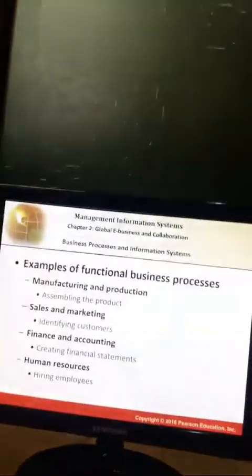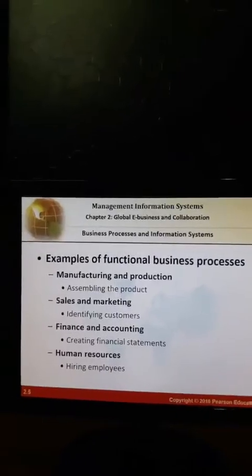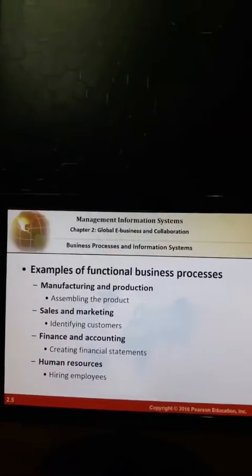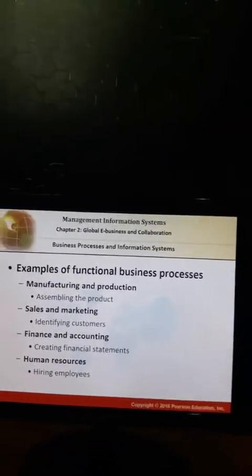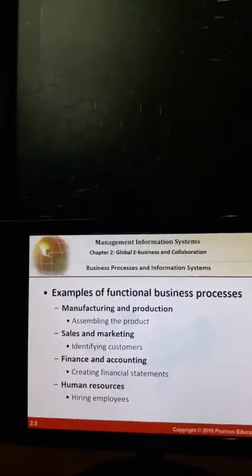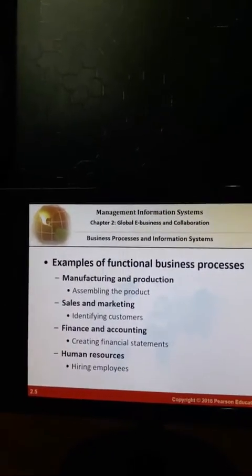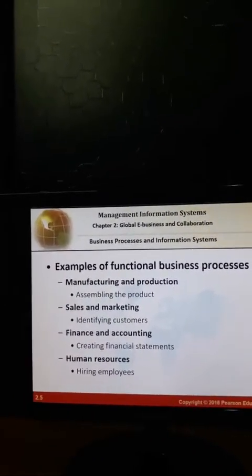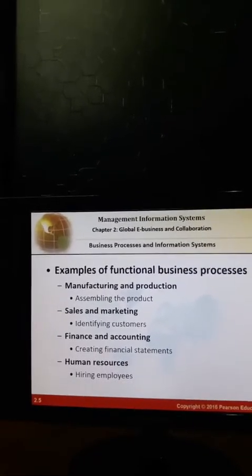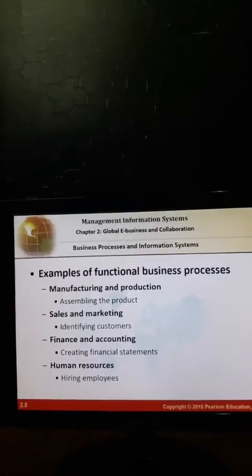Now we'll talk about the functional areas. To start a business, first you need finance, you need to accumulate cash; that is dealt with by finance. After combining money, you need to recruit people, which is dealt with by the human resources department.